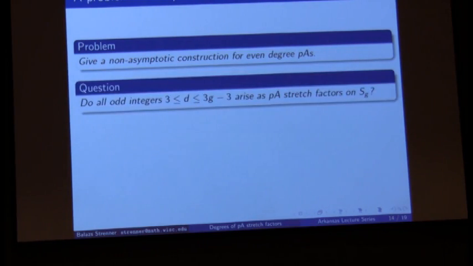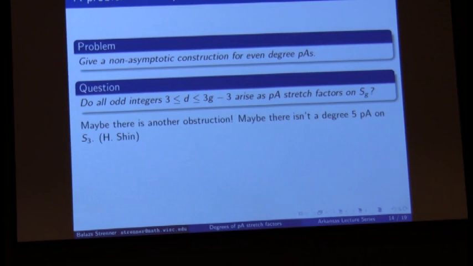And it would also be interesting to know what's going on for odd degrees, because this argument completely fails for odd degrees. And it also might be that there is another obstruction for odd degrees. Experiments of Yun-Chik Shin showed, or didn't show, that there is a degree 5 pseudo-Anosov on S3. So maybe there's some other obstruction.